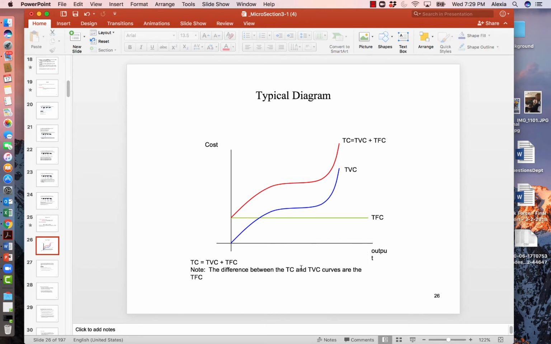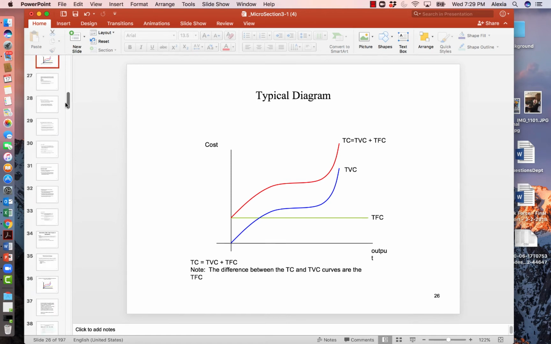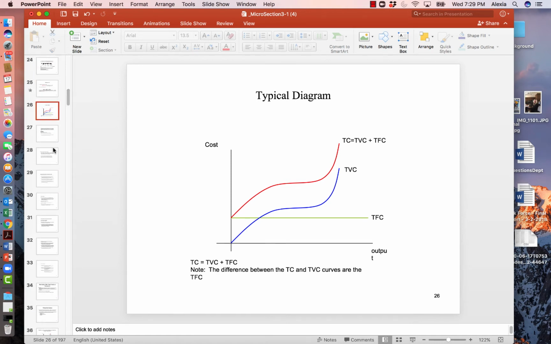Now what we find in economics is that we actually don't use, well we do, but the ones that we use, like when we study all our market structures, is rather than using the total cost curves, we use our averages.